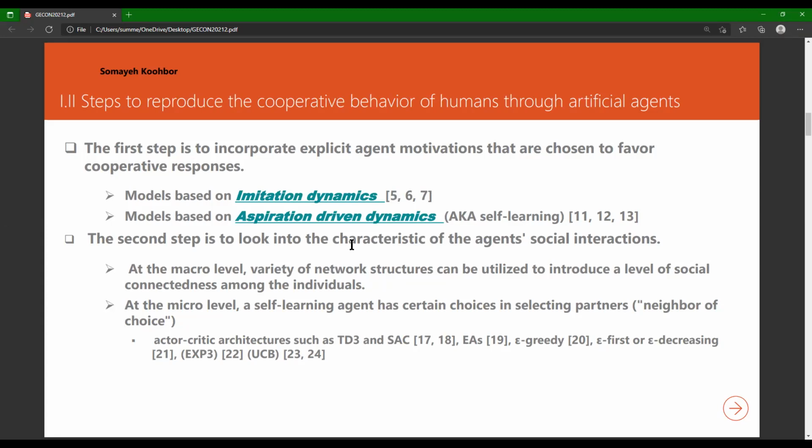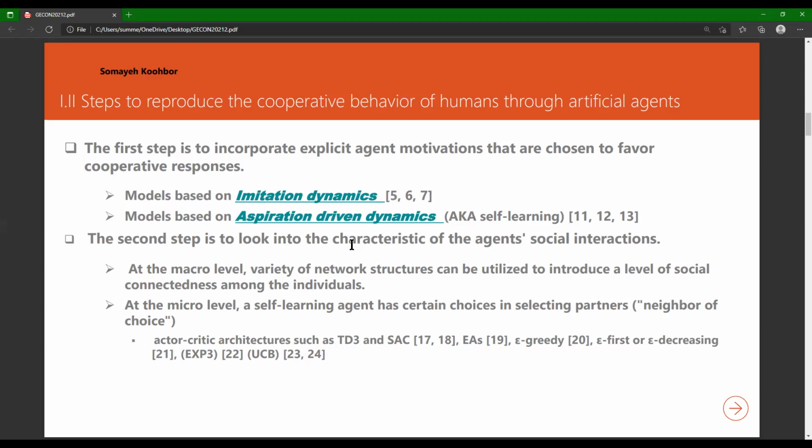One more issue when we consider a network structure in the model we're building is how to select the other person that you want to interact with. You have a choice, and we need to model that.